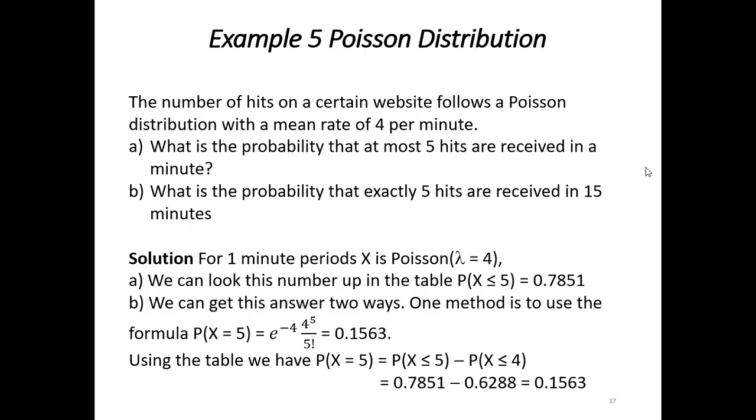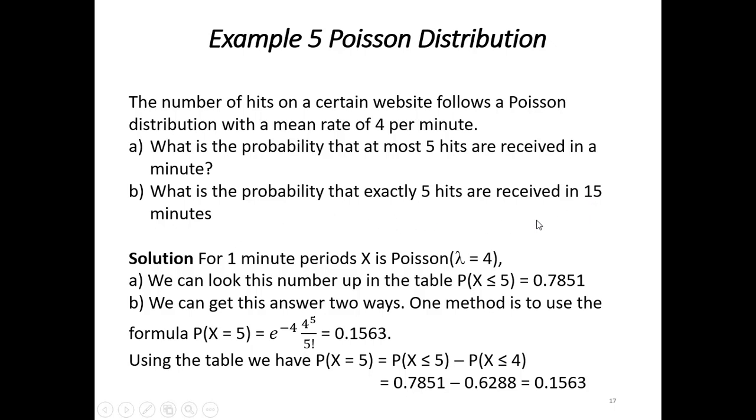Part B looks almost the same, but here we're asking what's the probability that exactly 5 hits are received in 1 minute. I see this should just be 1 minute.